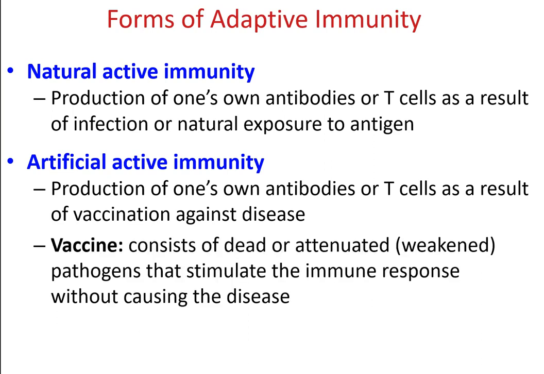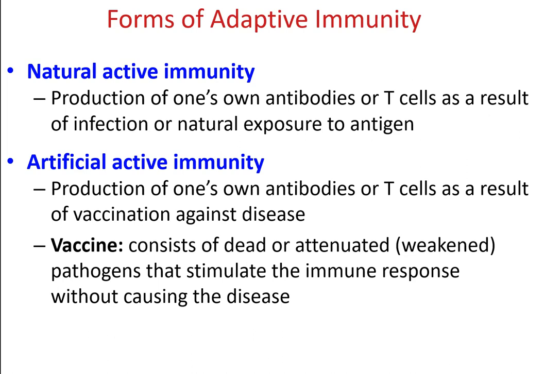So when we look at the vaccines, not all vaccines are going to be the same. Some are going to be different proteins from a particular agent, a virus or a bacteria. They can be dead pathogens, or they can be attenuated, which means weakened. And now we get to where not all people can get all vaccines, because with a weakened pathogen, if you're a healthy person, you're going to be able to take that vaccine, no problem.